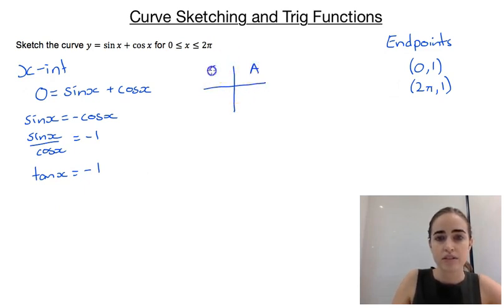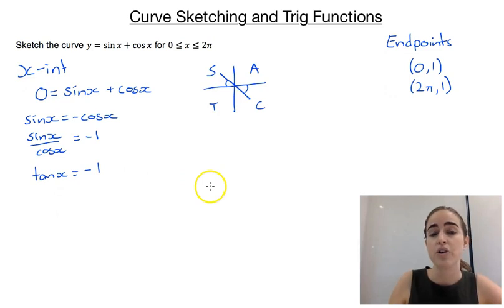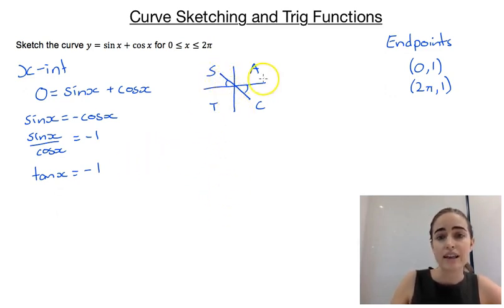Which means we can draw up our little diagram. So it's all stations to central. Tan is negative, so we're looking in this quadrant or this quadrant, and we need to find the size of our related angles. From our special triangles, which are on your formula sheet, our related angle is going to be 45 degrees, which in radians is pi on 4.